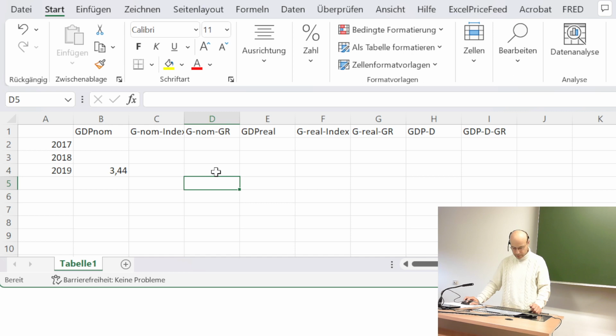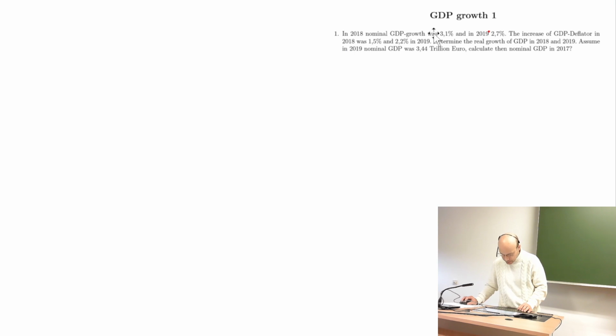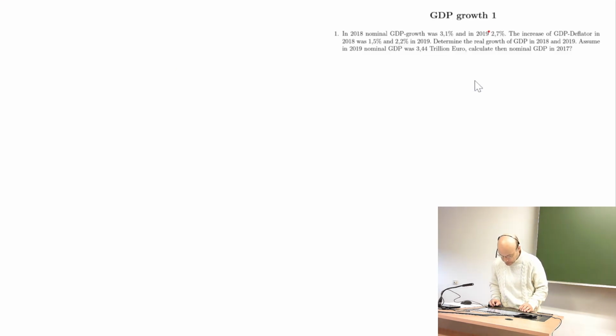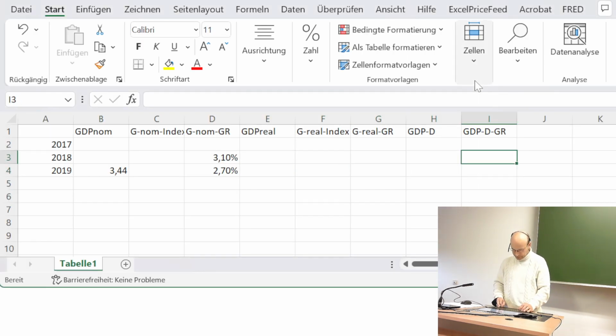I think here in the growth rates we have nominal GDP, 3.1% and 2.7%. And what else do we have? I think price development, 1.5% and 2.2%.